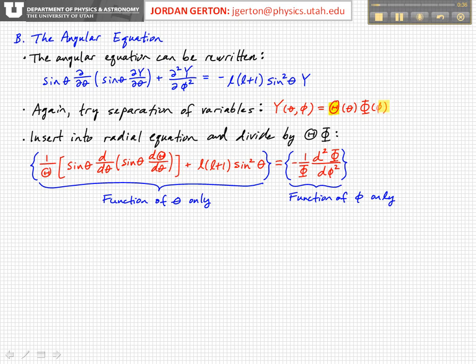What we're looking for today is how that probability density, how that probability distribution, depends on the angular coordinates theta and phi.